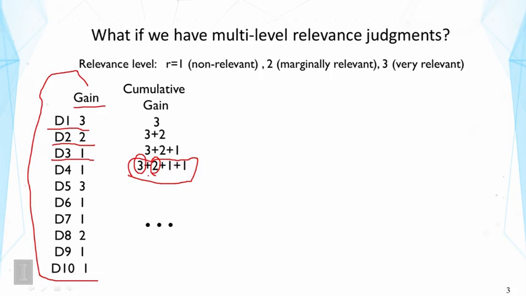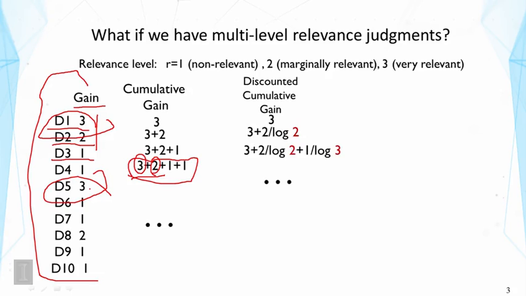We don't really care where they are ranked. Ideally, we want these 2 to be ranked on the top, which is the case here. But how can we capture that intuition? Well, we have to say this 3 here is not as good as this 3 on the top. And that means the contribution of the gain from different positions has to be weighted by their position.